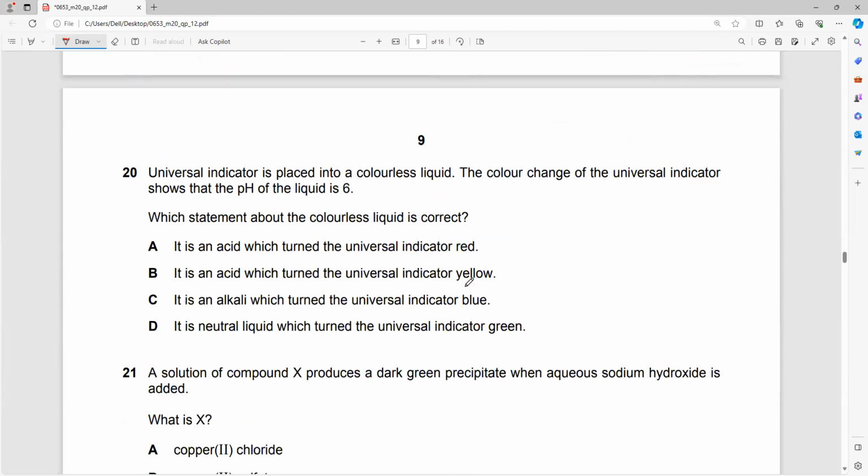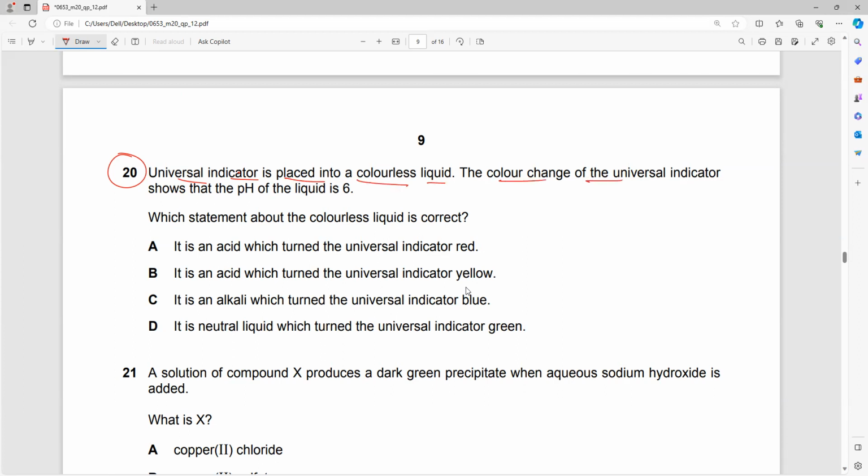Next, universal indicator. One of the good questions, very important for us, which always makes us very confused. Colors. Universal indicator, page number 26. Universal indicator is placed into a colorless liquid.